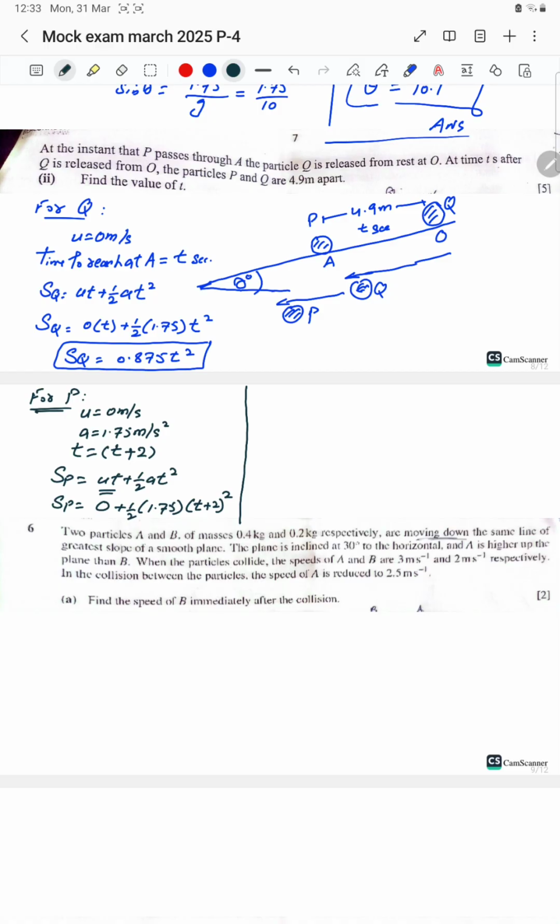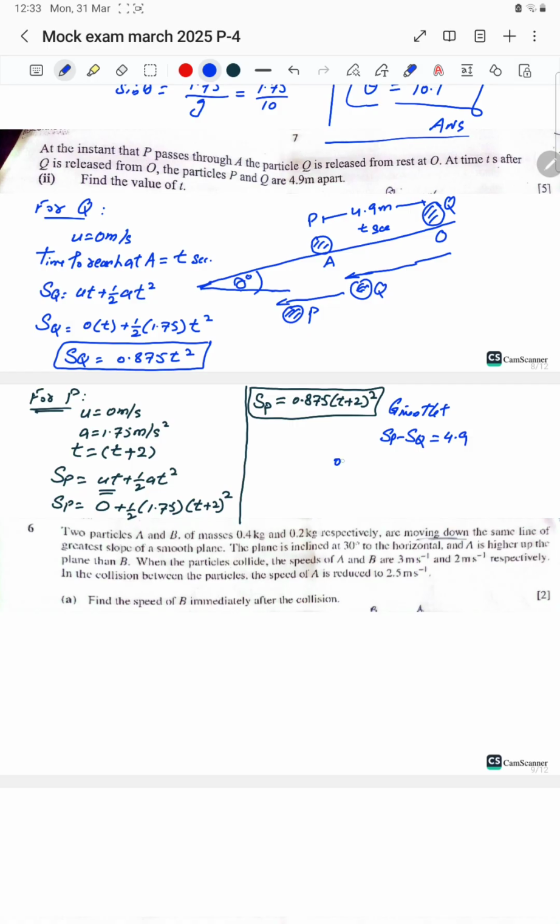With the calculator, SP is equal to 0.875 times t plus 2 whole squared. This is the distance covered by particle P when Q comes to A. It is given in the question that SP and SQ are 4.9 meters apart.